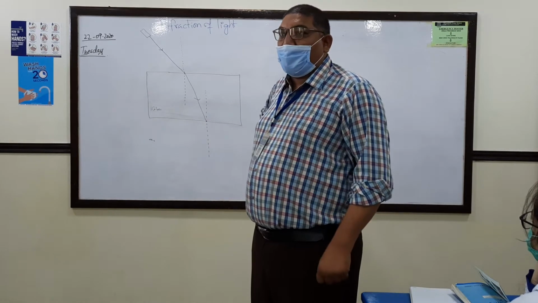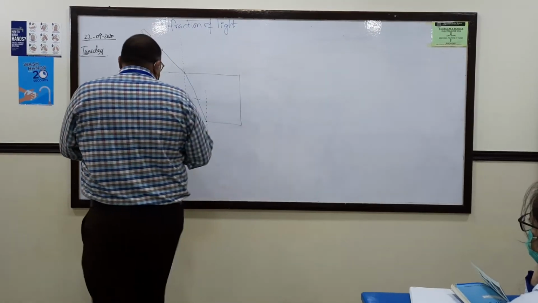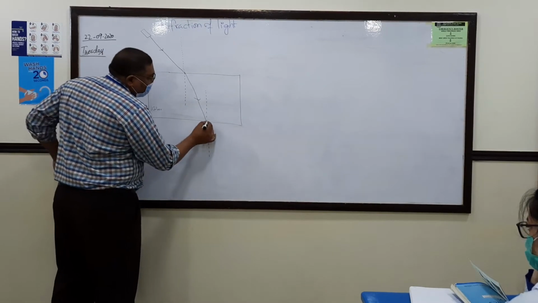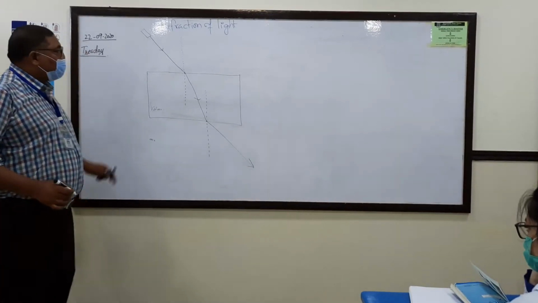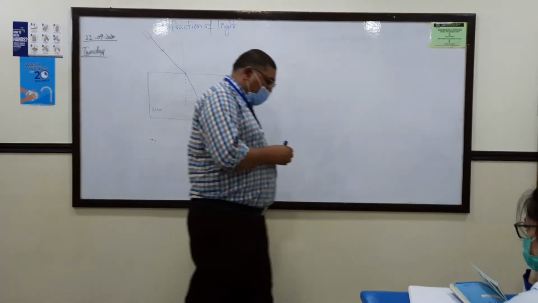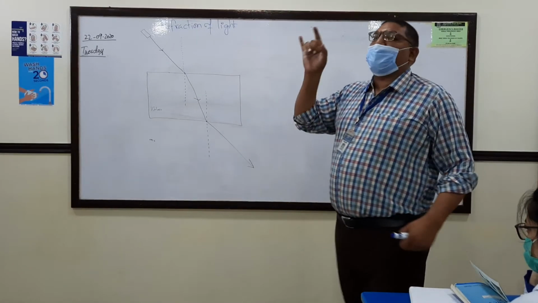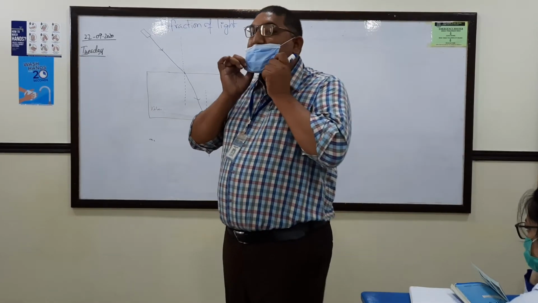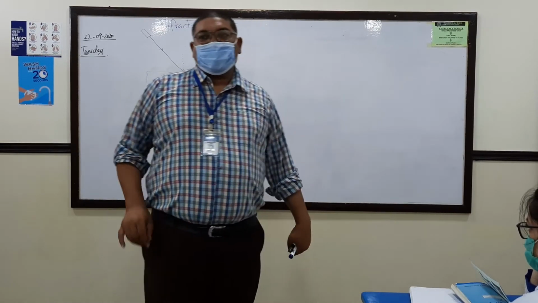This is called refraction of light. So you see, one very interesting thing is happening here. Whenever the light enters from one medium into another medium, the path of the light changes. This is called refraction.